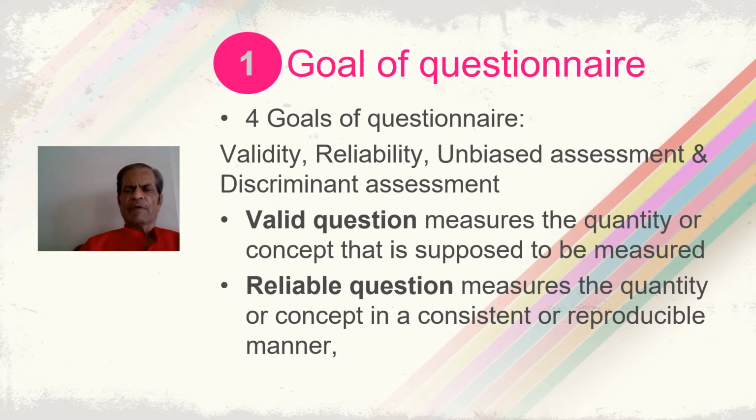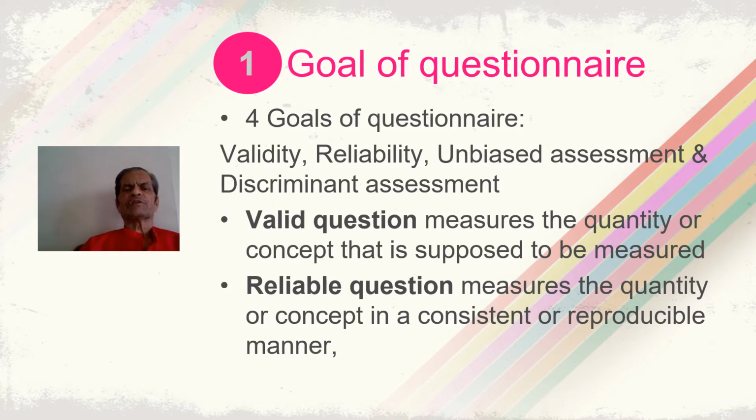If a question is for assessing the knowledge about the pathogenesis of the disease, then the question should assess the knowledge about the pathogenesis of disease and nothing else. If it measures something else, then it is not a valid question.